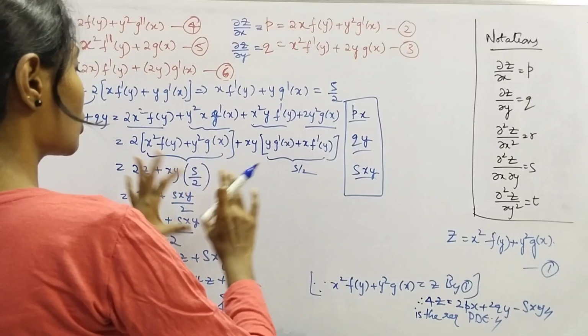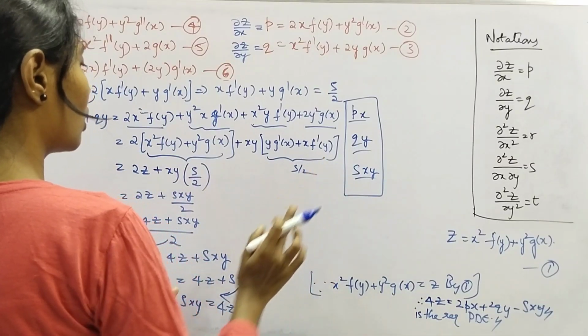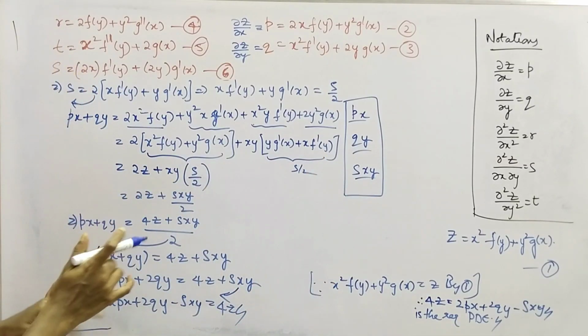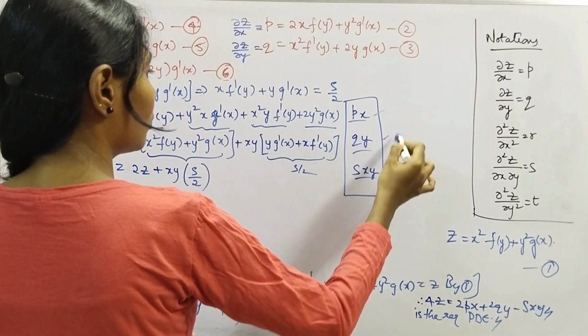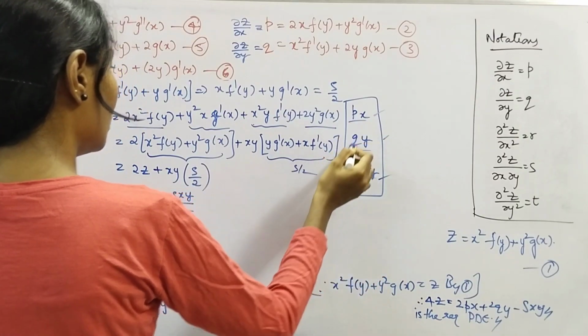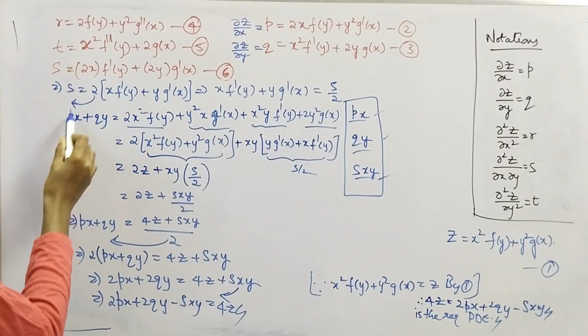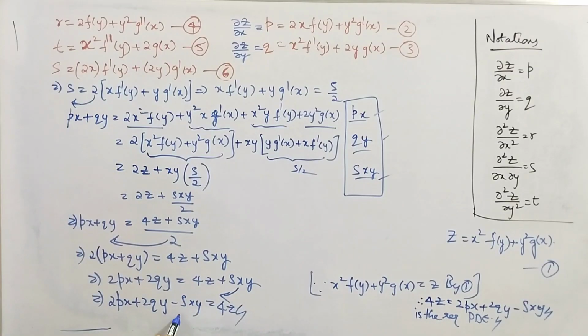If you see an equation involving s, then multiply it by xy. If it's necessary, then you can try this. Here we tried px plus qy. From that we got the required partial differential equation.